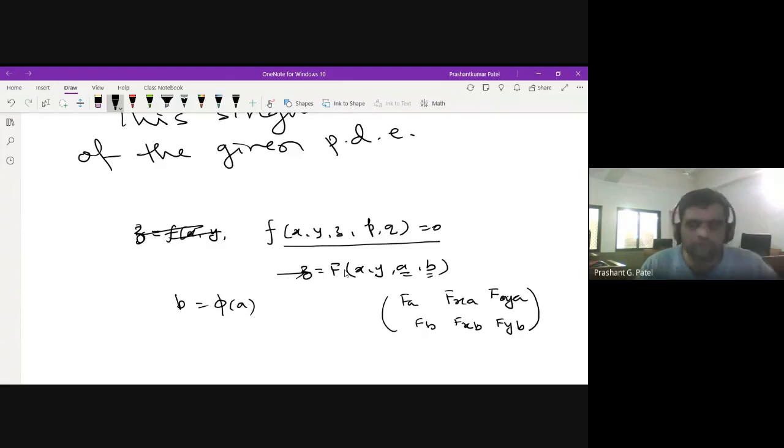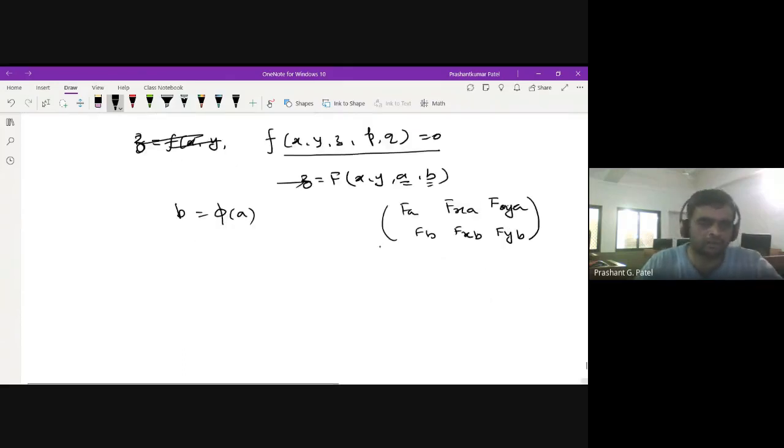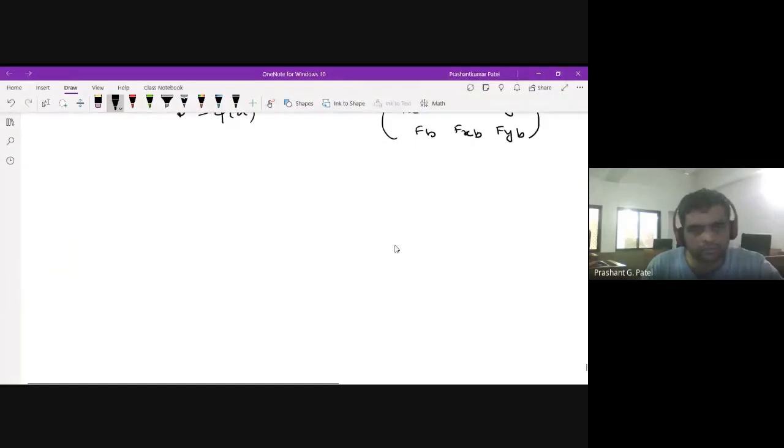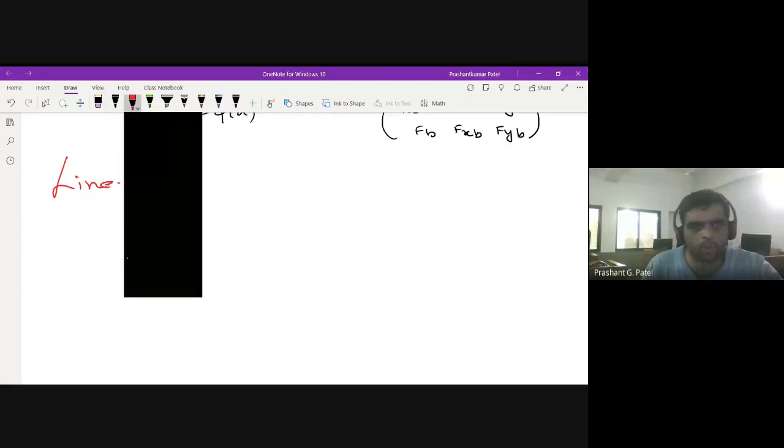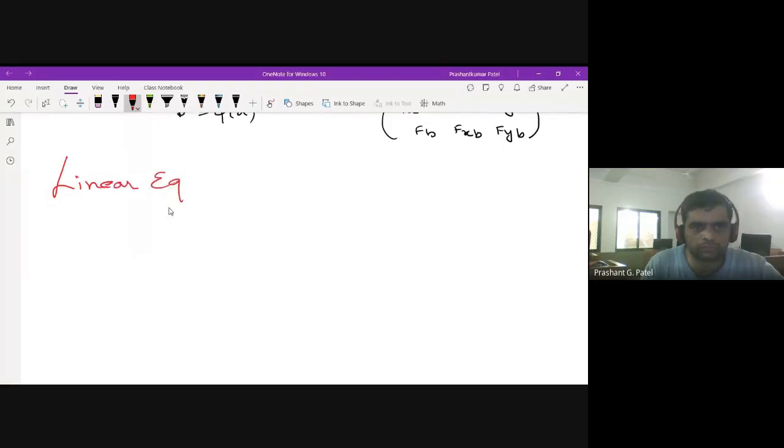So in the first one, we are dealing with the linear equation of the first order.